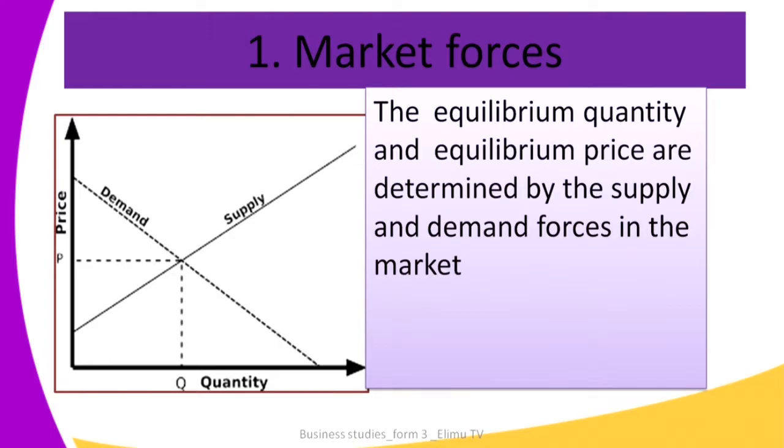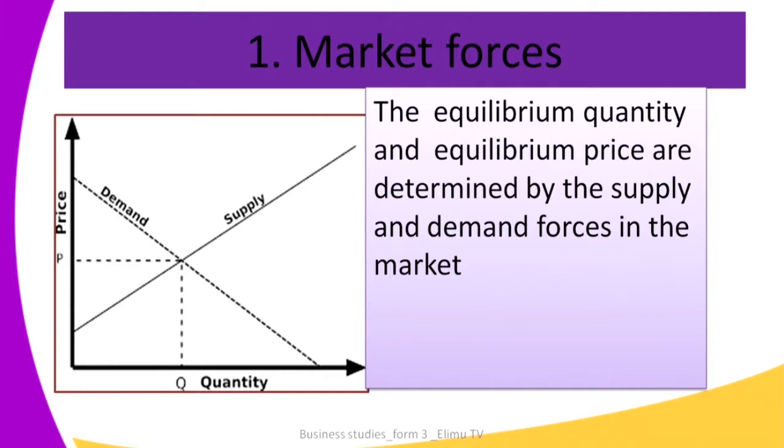On the diagram, if you draw a line from the meeting point towards the y-axis, you get the equilibrium price. Towards the x-axis, you get the equilibrium quantity.